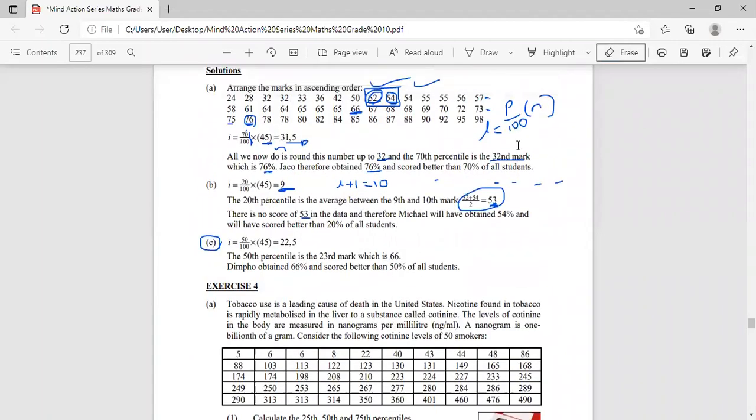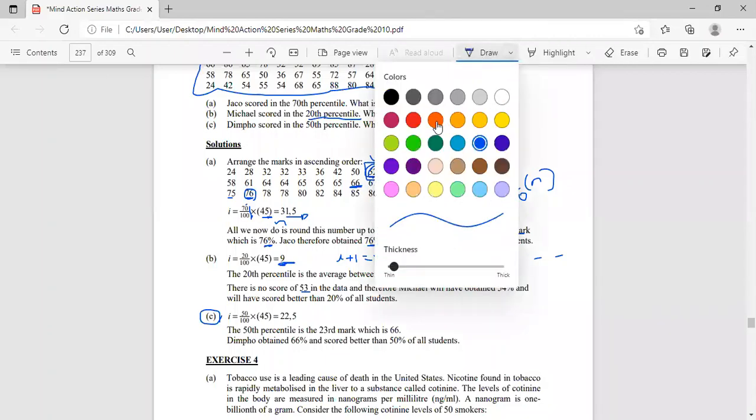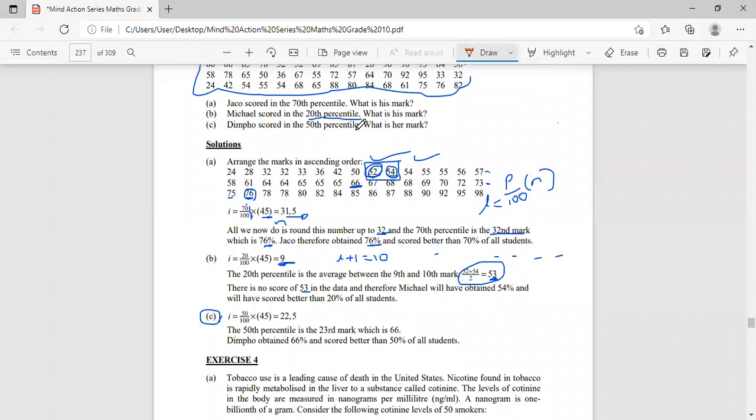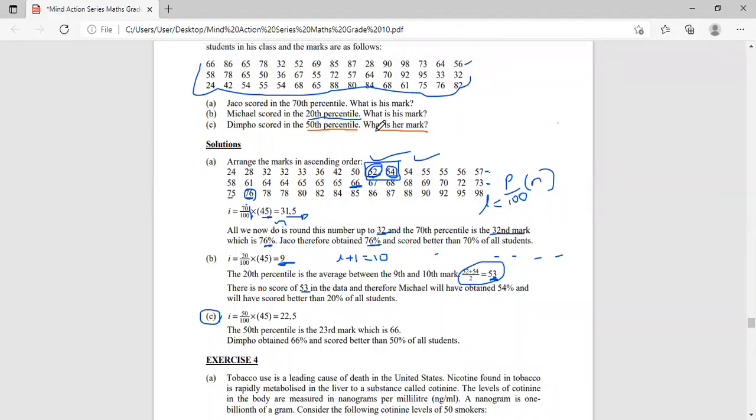The question says, Dimpo scored the 50th percentile. What is her mark? They want her mark. If we want the 50th percentile, we substitute it into the equation. We know our equation is I equals P over 100, P standing for percentile, multiplied by the number of values.